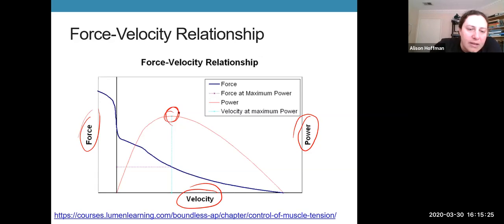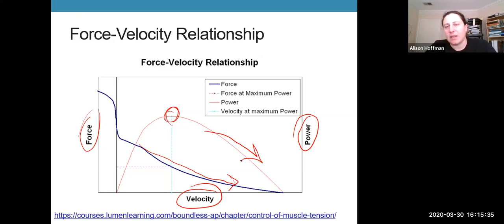As we increase the velocity or the speed of contraction, we can see that we're losing force and losing power. So all I want you to take from this is that, again, there's a trade-off between speed and power. Okay, and it's because of the time it takes for cross bridges to form. And we're going to look at the physics of the lever systems and how that also gives us a trade-off between power and speed.